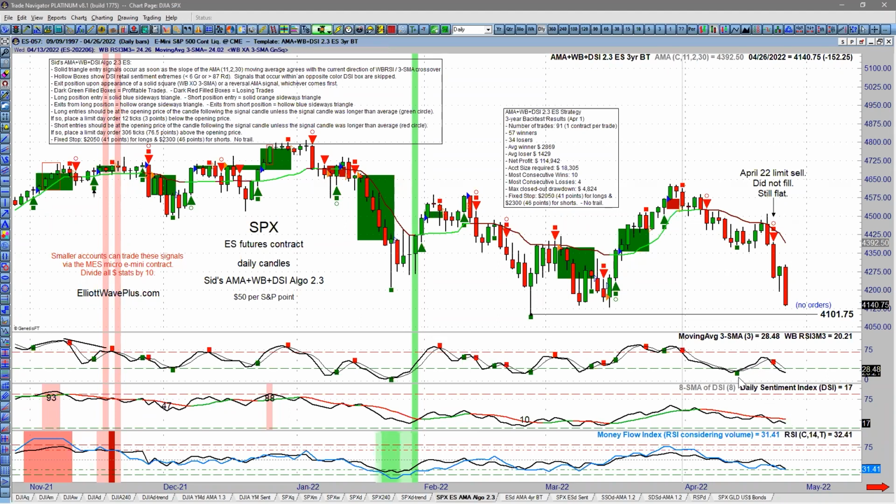And Walter Bressert had talked about, in his writings, that you want to make a simple moving average of the Walter Bressert, and look for crossovers.